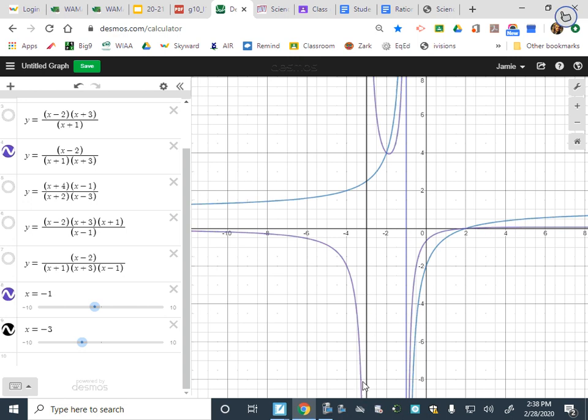It had to go down toward -infinity, and on the other side of the asymptote, it was coming down from +infinity. And then we have another vertical asymptote here, and as we approach that asymptote, this is going up to +infinity, and on this side, it's coming up from -infinity as it goes across there.